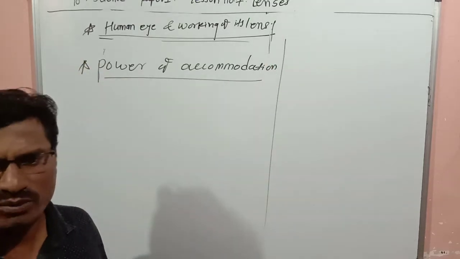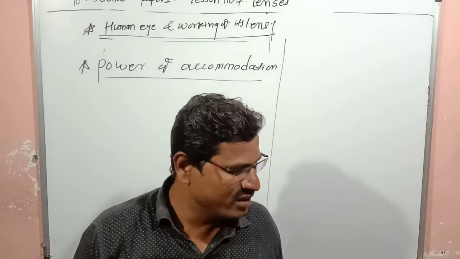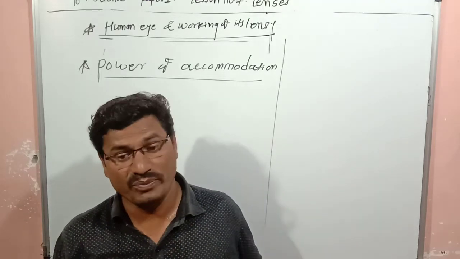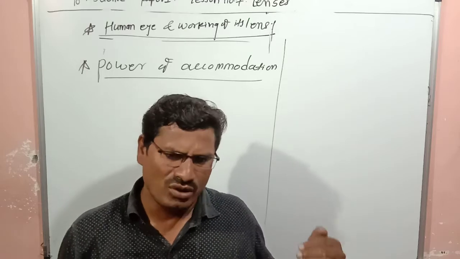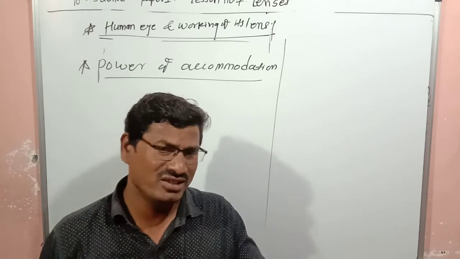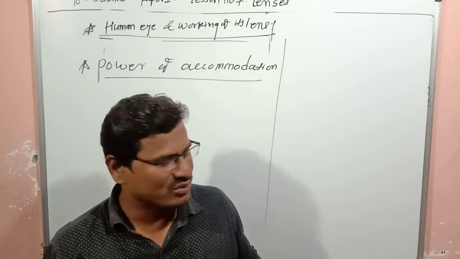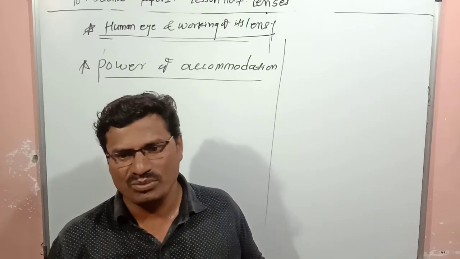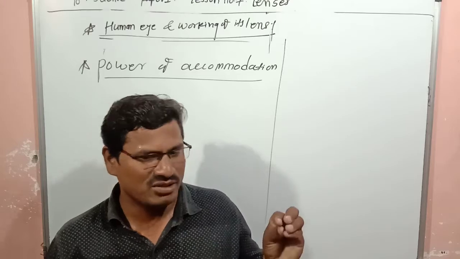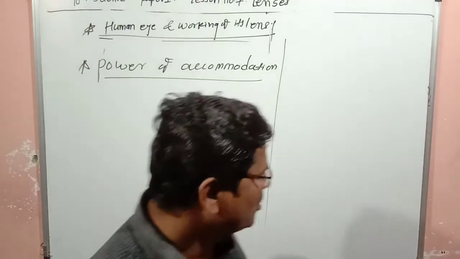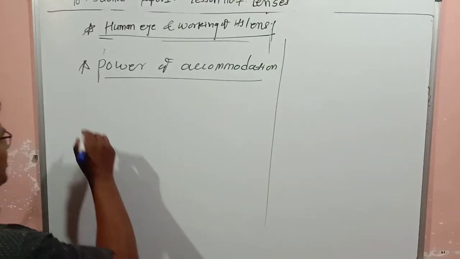So what is the power of accommodation? See, the lens of the human eye has the capacity to increase or decrease the focal length, to change the focal length. This capacity of that particular lens is called the power of accommodation.